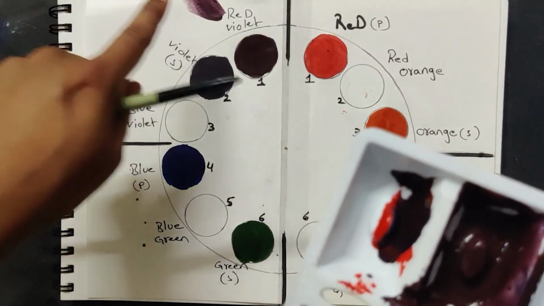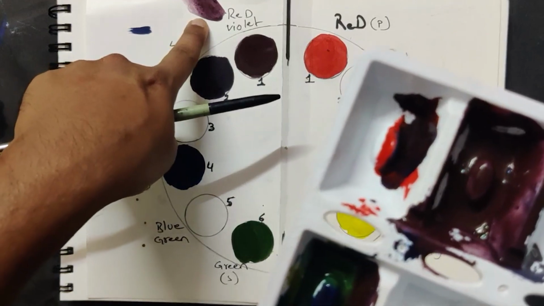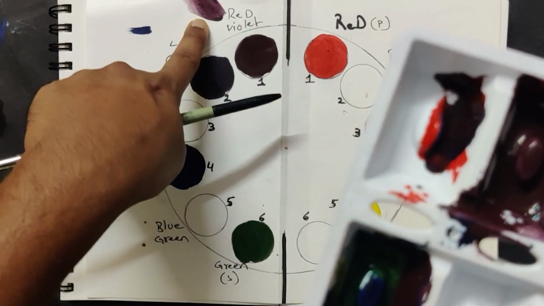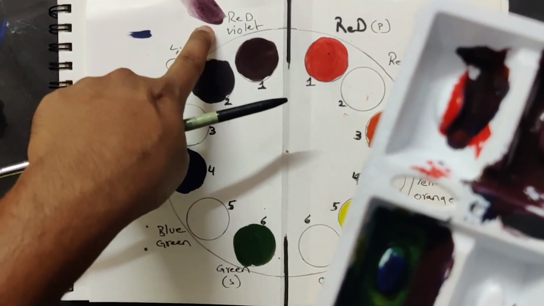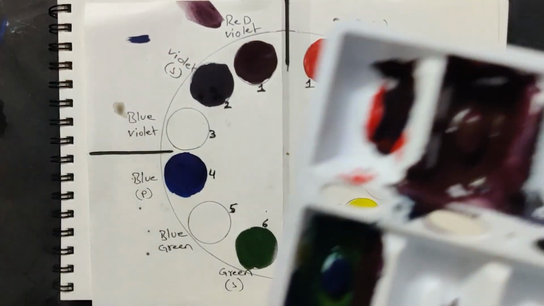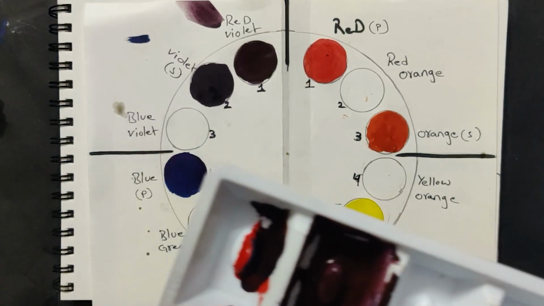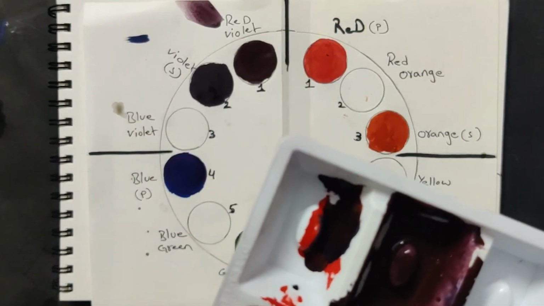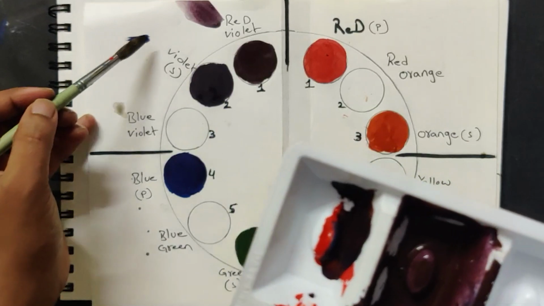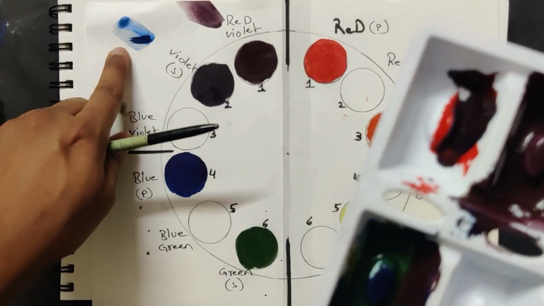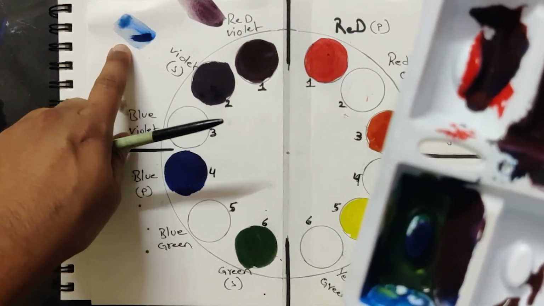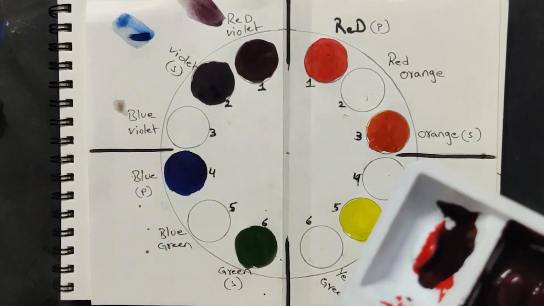See the red tone, can you see here? That is how reddish violet looks, purple. And this will be blue tone. If I show you that, see here, that is blue tone.